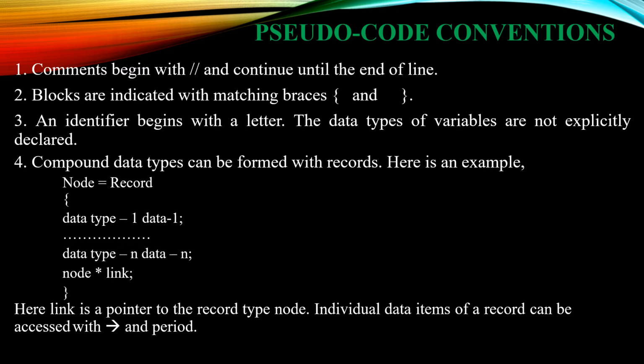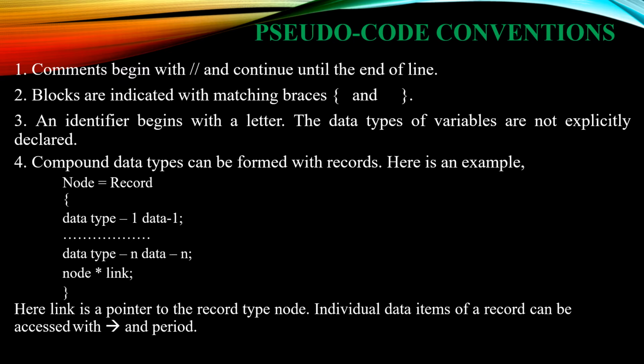The first convention is that in an algorithm, comments begin with a double slash and continue until the end of the line.